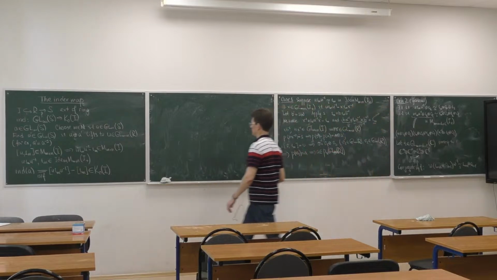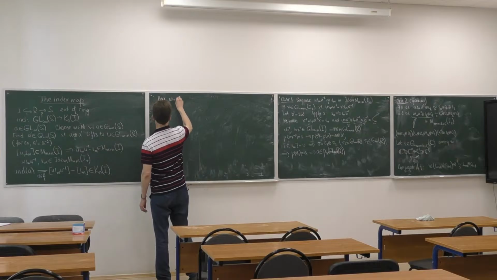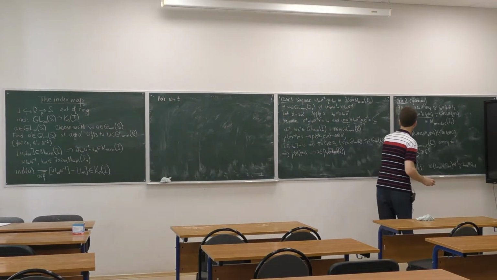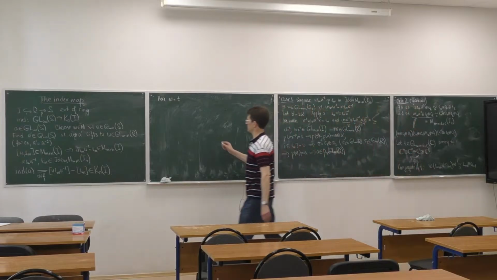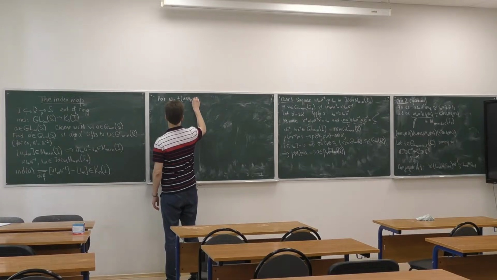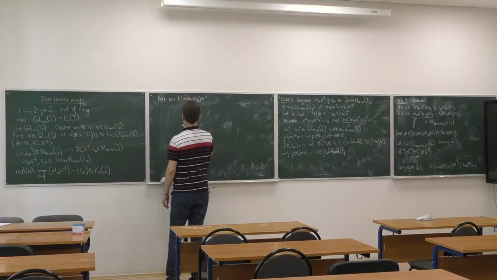So here W, let me write explicitly what W is. W is T times this matrix, U plus 1K plus 0L, times T inverse.